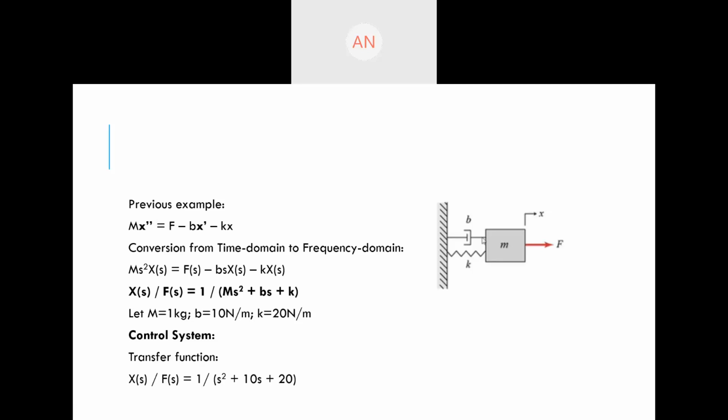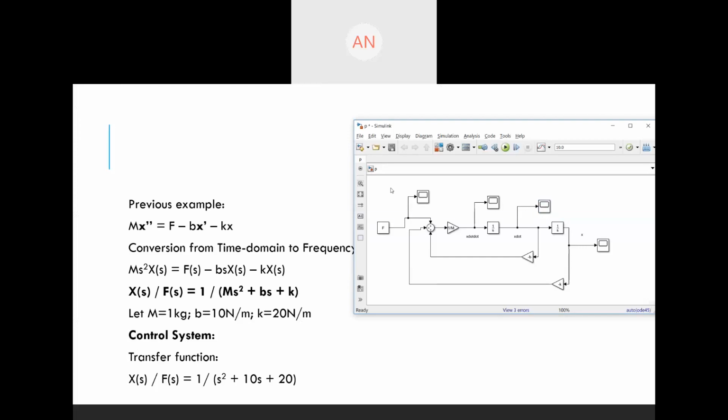Okay, so the equation we have made is called a transfer function, which is of the form X of s upon F of s. A transfer function is a function of output upon input. So we are going to make an equation of a transfer function in the model. Let's get back to the model. I'll delete the previous model.